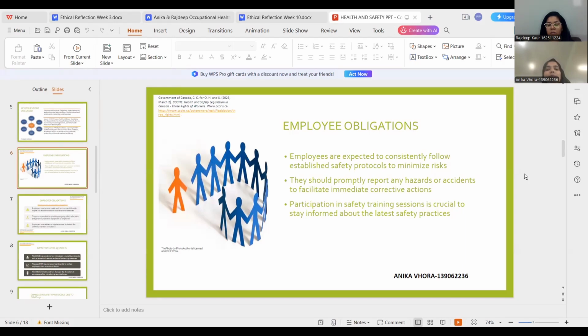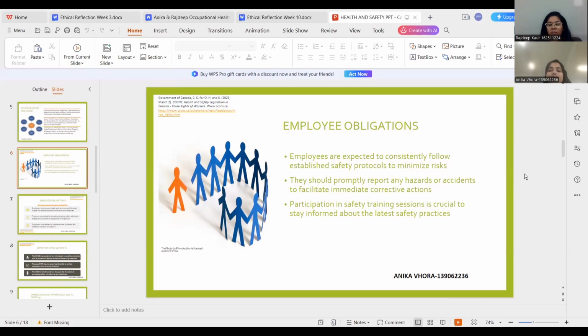Additionally, employees should promptly report any hazards or accidents to facilitate immediate corrective actions. This helps address issues before they can cause harm. Finally, it's about participation in safety training sessions, which is really important for all the members. They can learn how they can stay safe from accidents and how they can protect themselves and their colleagues.